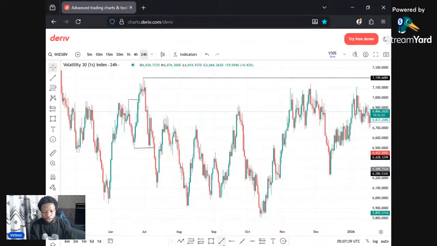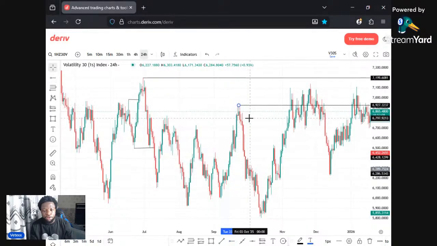After the first break of structure, we have price retrace 50% to give us our structural liquidity, because this was supposed to be our structural liquidity, but it was taken out by this. So this now becomes our new structural liquidity.